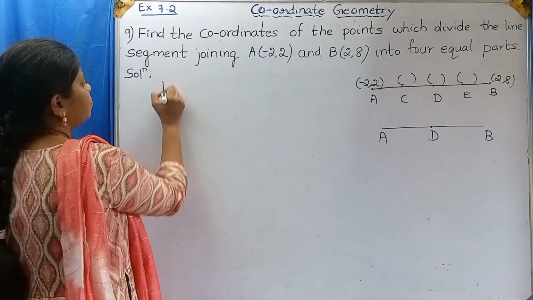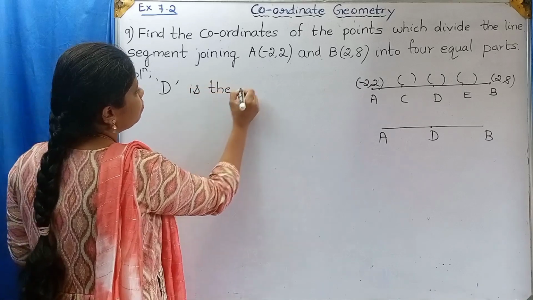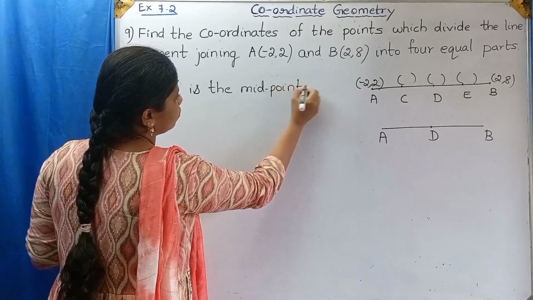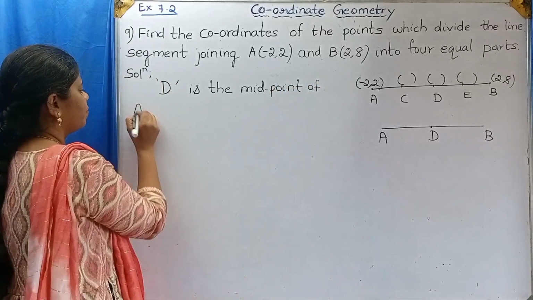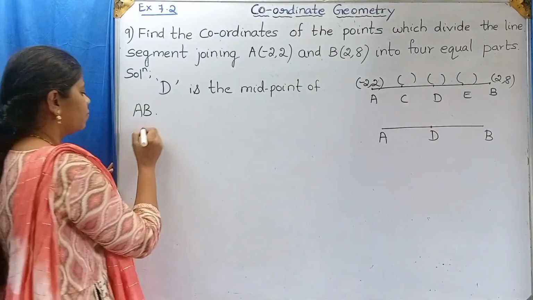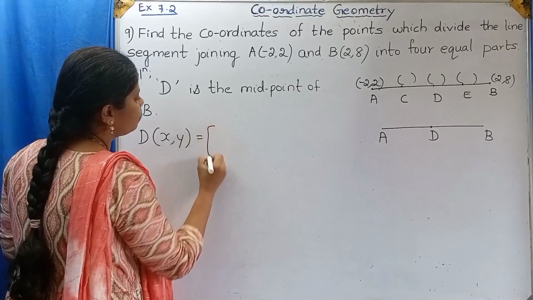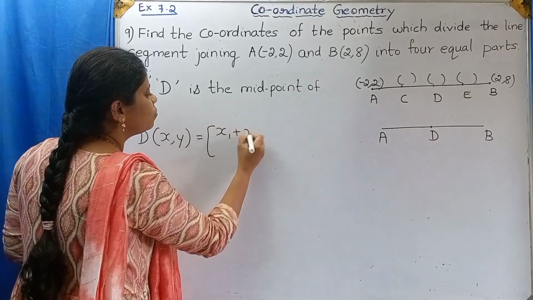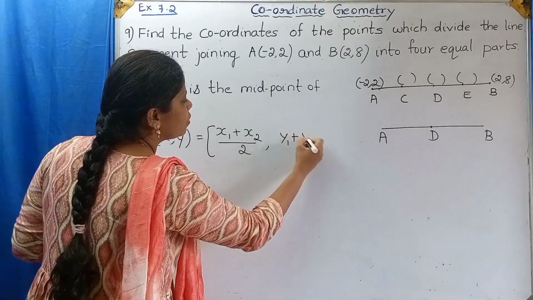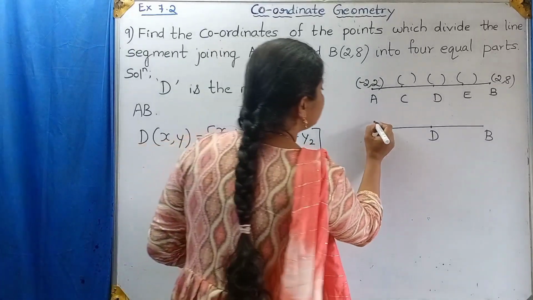D is the midpoint of AB. Same thing what we have done before. D of xy is equal to x1 plus x2 divided by 2, comma y1 plus y2 divided by 2.